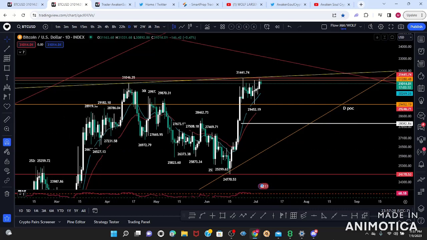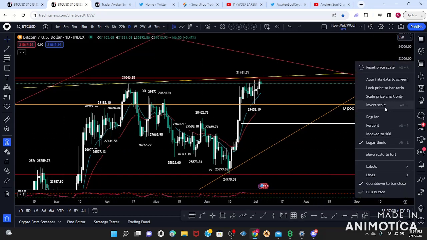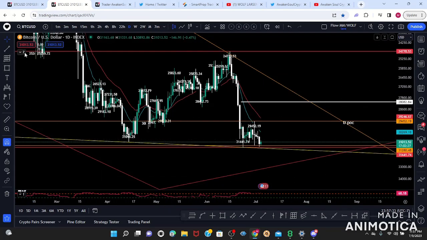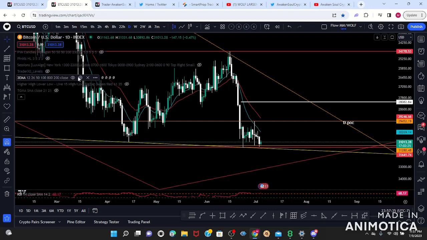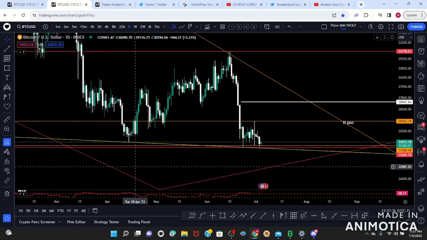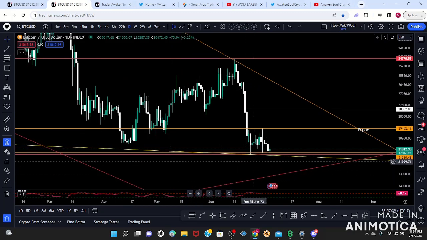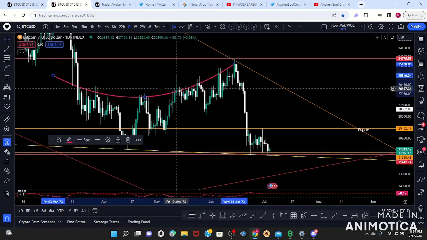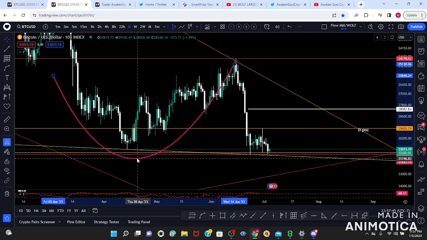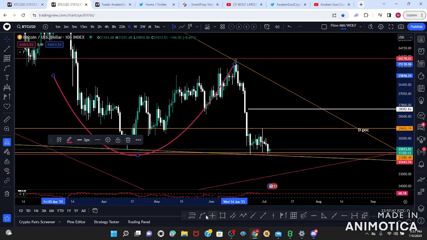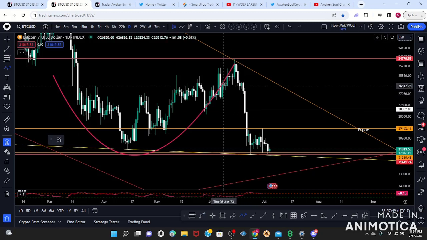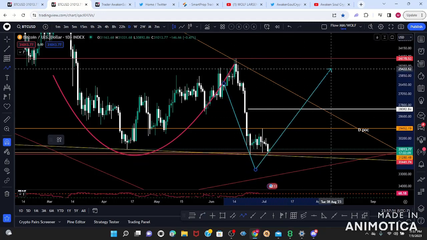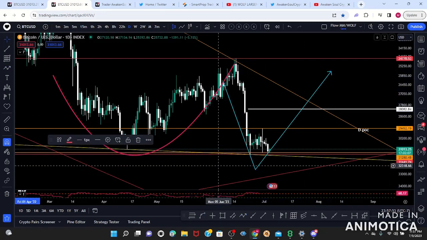The only thing I could think of, to be honest with you, is if I invert this scale and take off all the indicators. Okay, what about, just a thought, I'm always thinking, what about if this is a cup? And this is Eve, like an Adam and Eve situation, right?